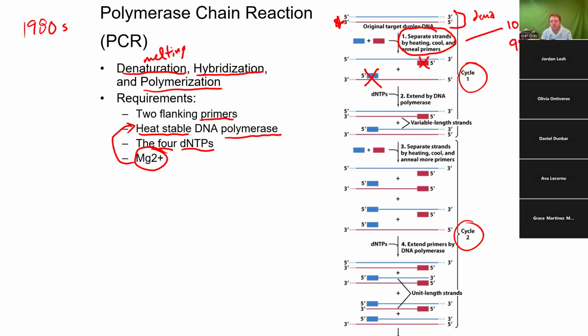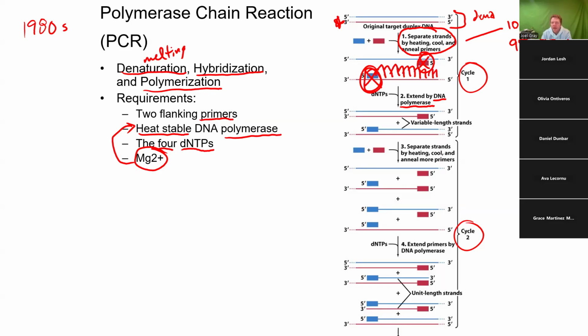Your polymerization is where the enzyme DNA polymerase jumps onto this region right here and right here, respectively. DNA polymerase is looking for a molecule that is partially double-stranded but partially single-stranded. Whenever it sees that partially single-stranded region, it says, okay, I'm going to use dNTPs, and I'm going to synthesize and complete this molecule.